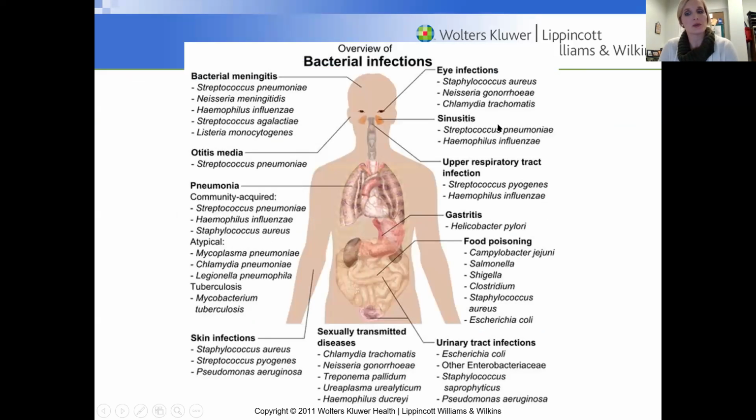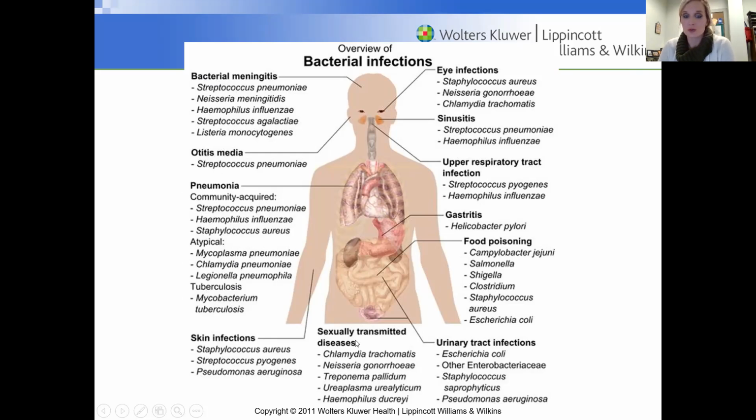Streptococcus pneumoniae is the specific bacteria that causes sinusitis. Streptococcus pneumoniae also can cause otitis media, which is an ear infection. Bacterial meningitis can be caused by Haemophilus influenzae. Pneumonia can be caused by a variety of different types of bacteria when they get down into the lower lungs.